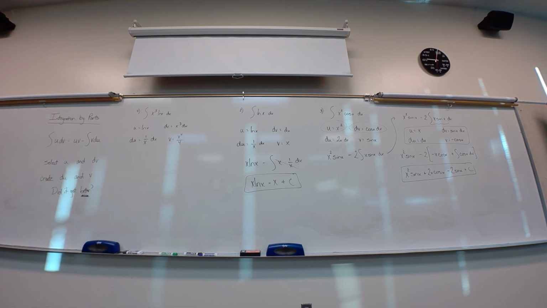Our next step, we write it out. So write out your formula, uv minus integral v du, and we're going to look and see if it's better. If it's better, we're good to go.